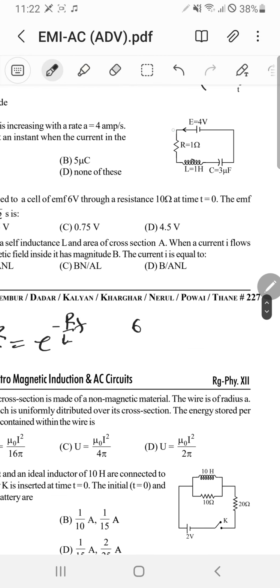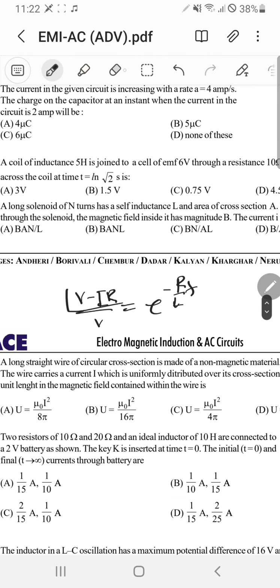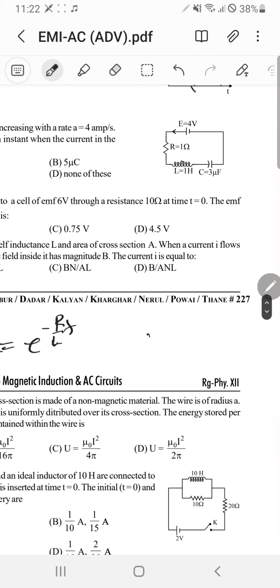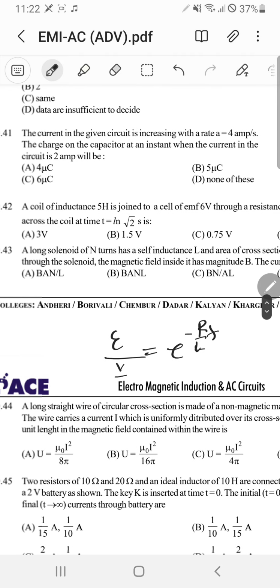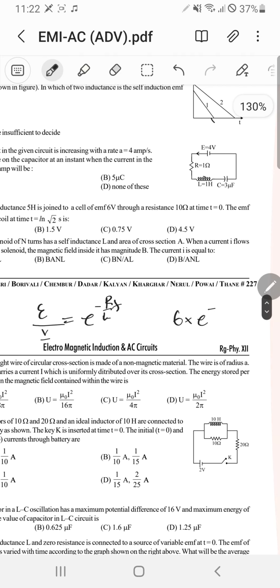So we want to find this thing. Instead of writing this, I can just write E. What's this? It's 6 times e power negative R by L. Resistance 10, inductance 5, so it should be 2 times t, which is natural log square root 2. All right, that's cool.